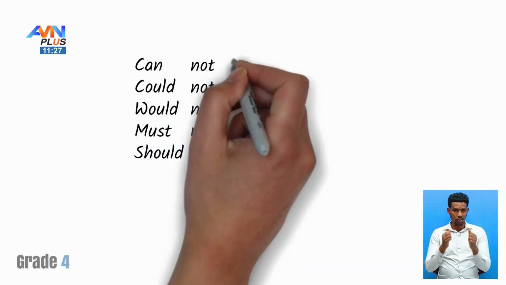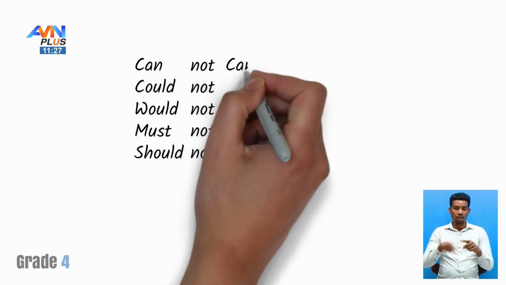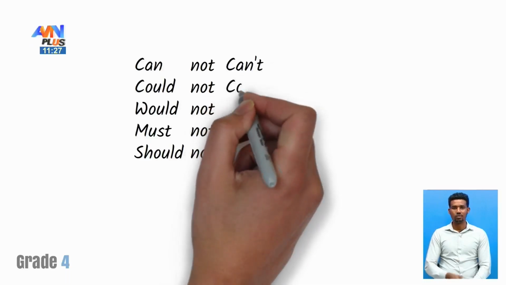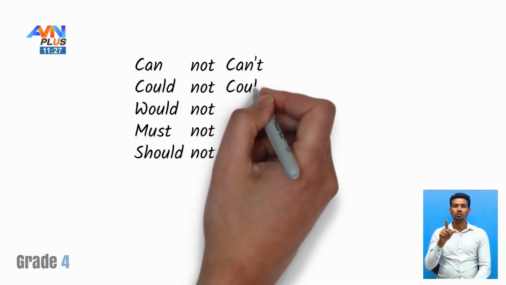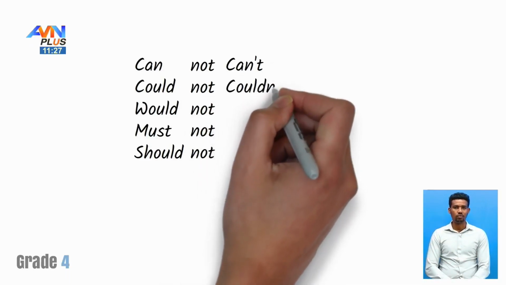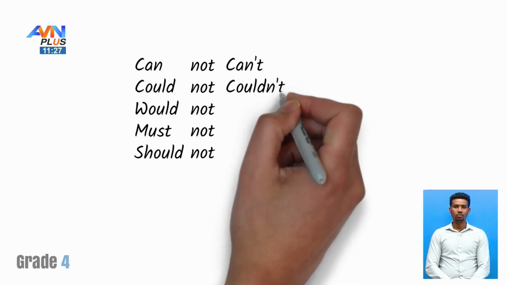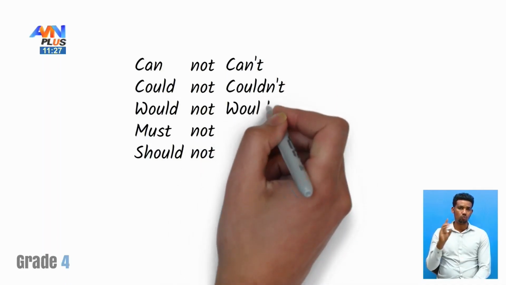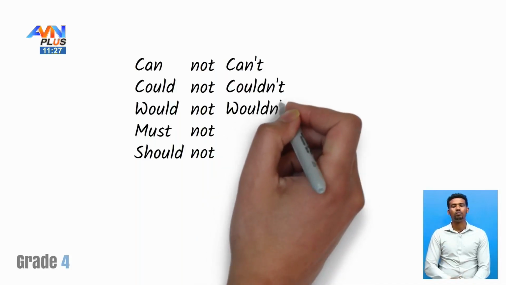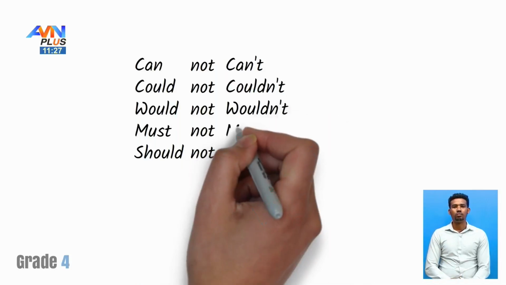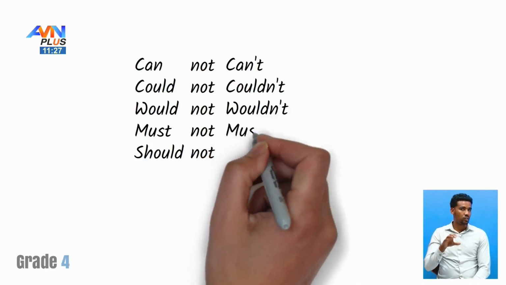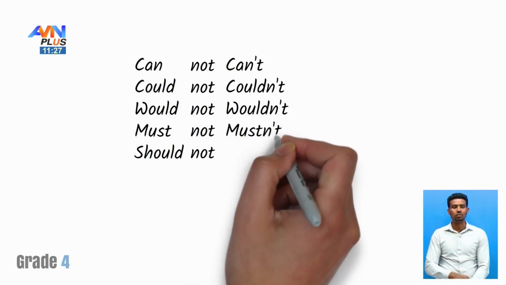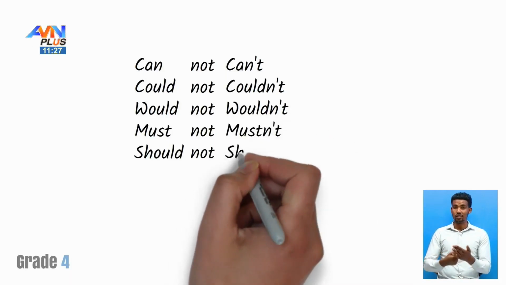So let us make these words their short form. Can, can't, could, could not. Here is would not. Must not. Here is shouldn't.